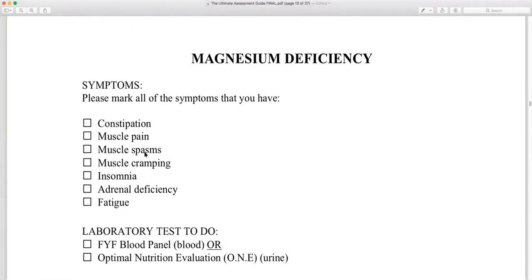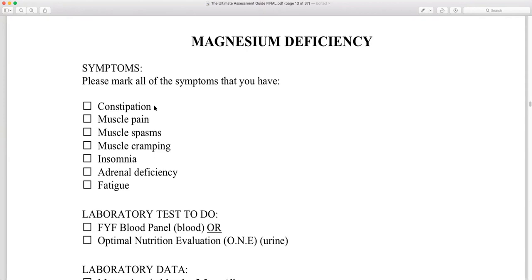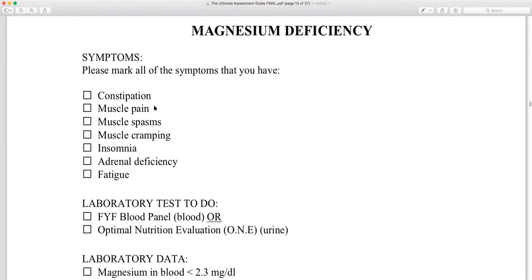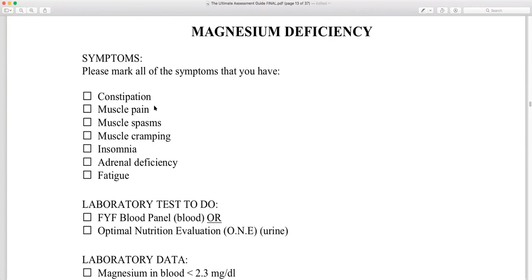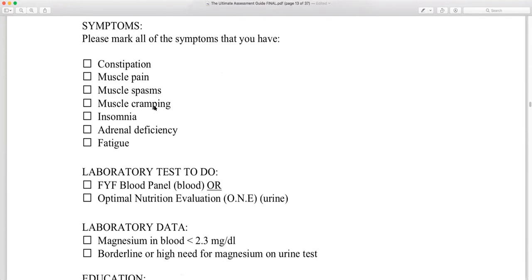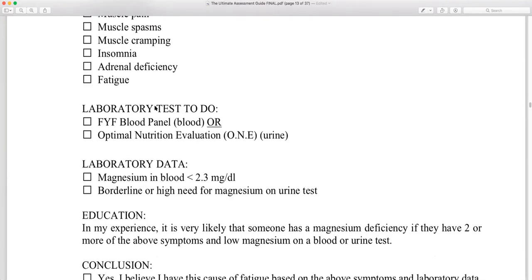Magnesium deficiency. So symptoms: constipation, muscle pain, muscle spasms, muscle cramping, insomnia, adrenal deficiency, and fatigue. Magnesium plays a role in about 550 different enzymatic reactions in the body. So incredibly important and incredibly supportive and a very important part of addressing fatigue.